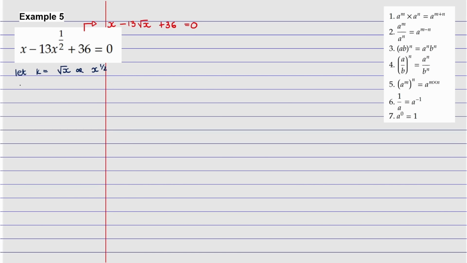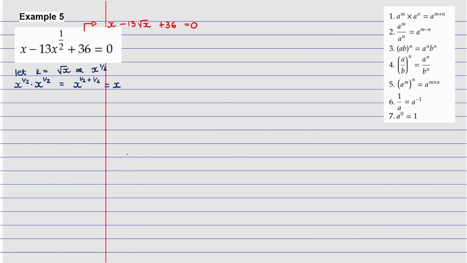From the exponential laws, if I say x to the power 1 over 2 multiplied by x to the power 1 over 2, I can add the exponents, which is 1 over 2 plus 1 over 2. What's 1 over 2 plus 1 over 2?